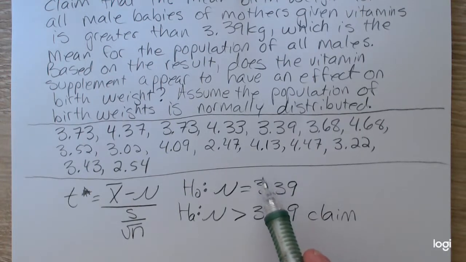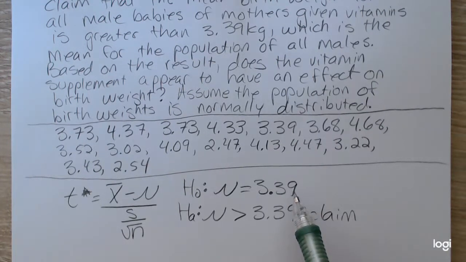Now this value 3.39 is the population birth weight for male babies. And if we are in favor of the alternative, in other words, if we find that the mean for the babies from mothers who are given the special supplement is greater than 3.39, then we could also conclude that there is an effect on birth weight.